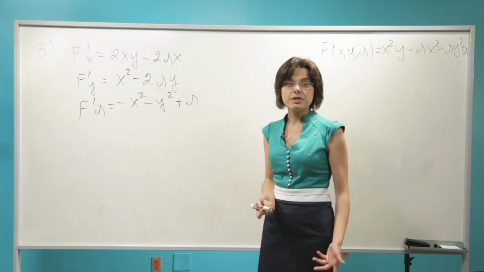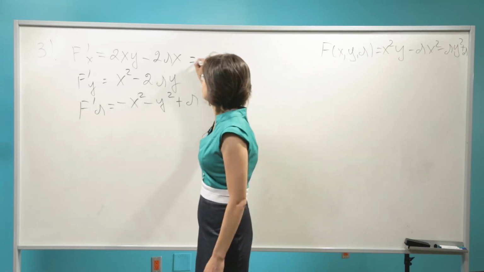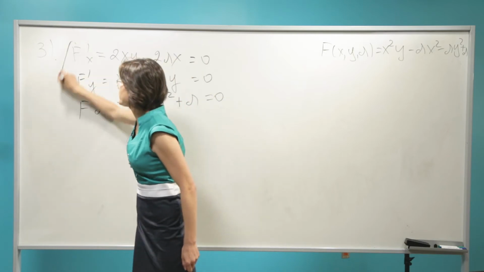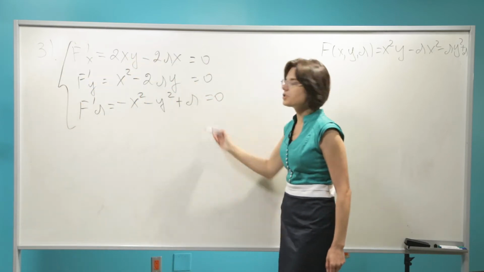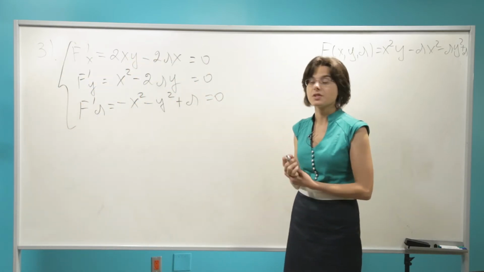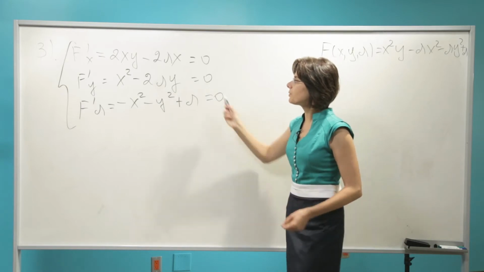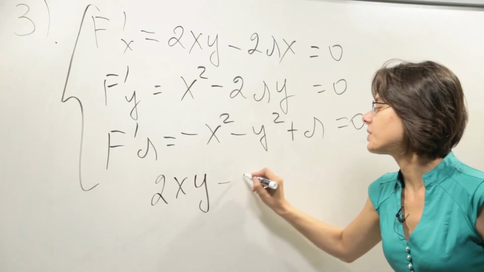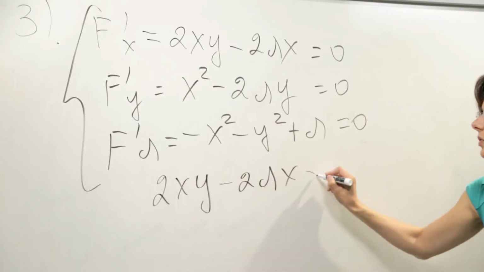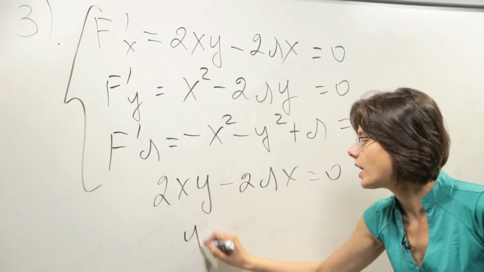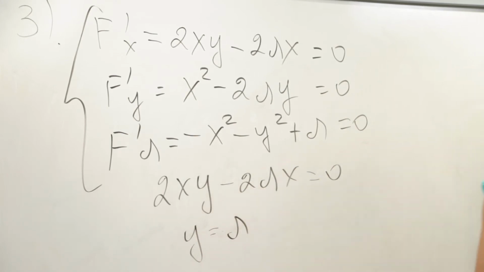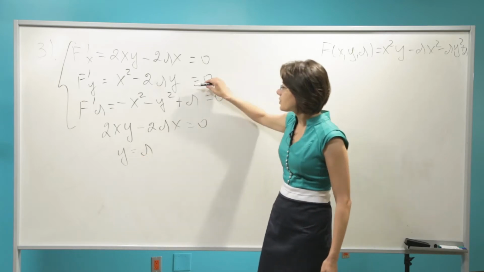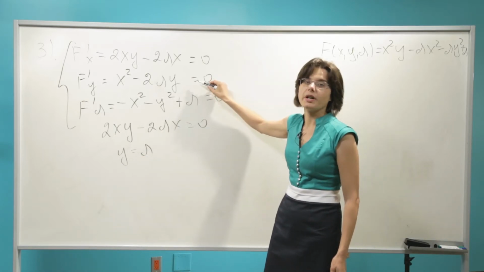Now we set all of these derivatives equal to 0. In this case, we obtain a system of equations. So it's 3 equations with 3 unknowns, and we have to solve the system. For this, I pick the first equation, and I will express one variable in terms of another. From the first equation, I can write that y is equal to lambda. Now, since lambda is equal to y, I will rewrite the second equation in terms of x and y only.